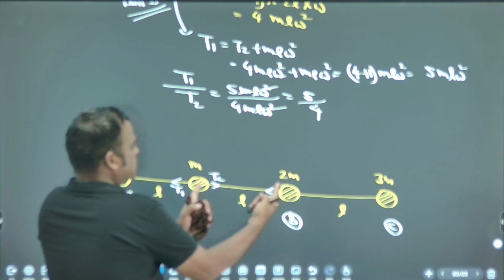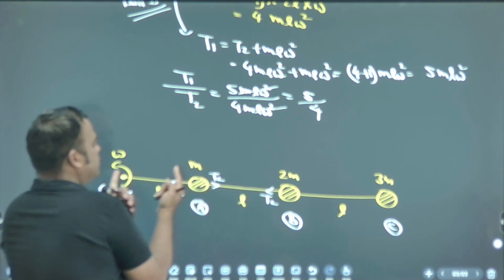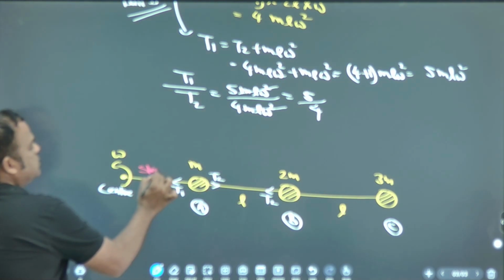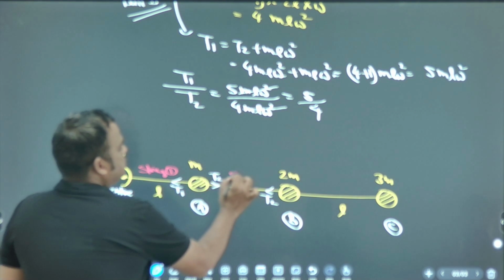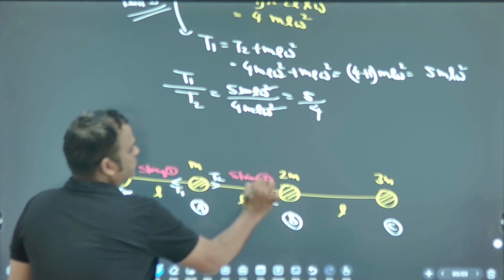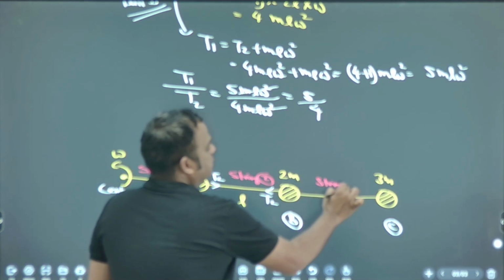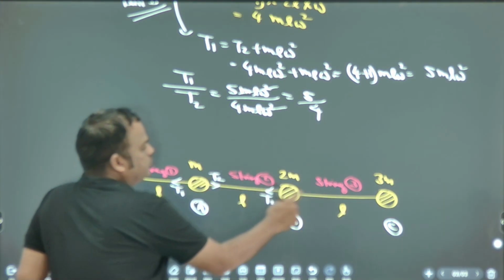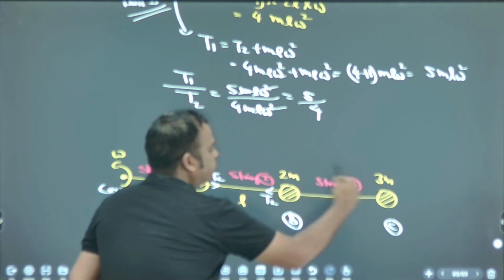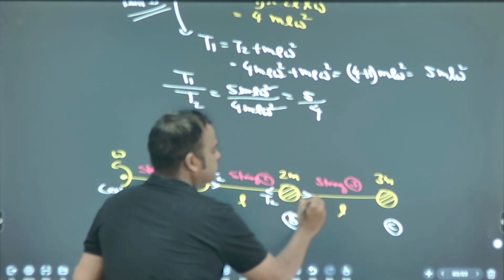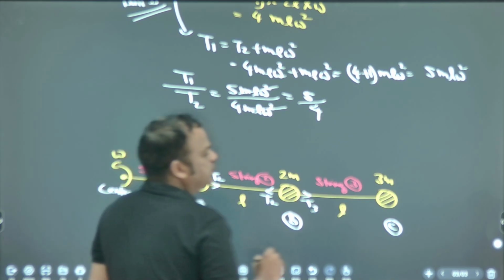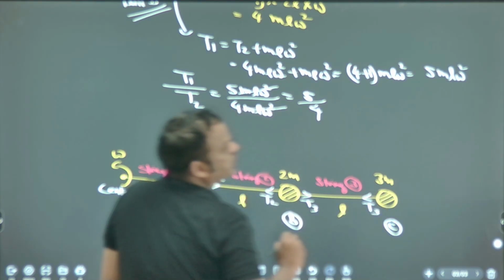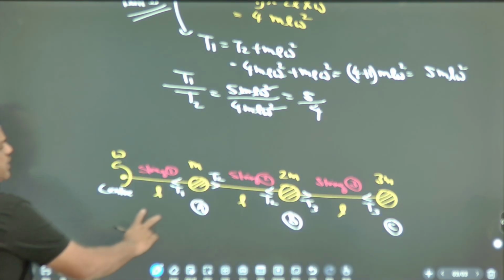T2. This is string 1, this is string 2, this is string 3. So now for string 3 will pull 2M right side. So this is what force? T3. And the same string 3 will pull 3M left side. Understood?